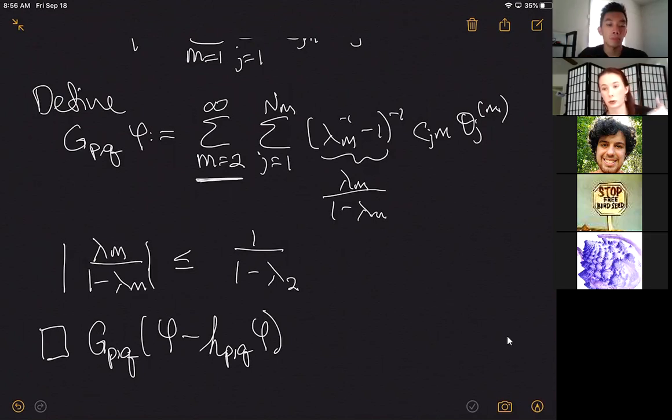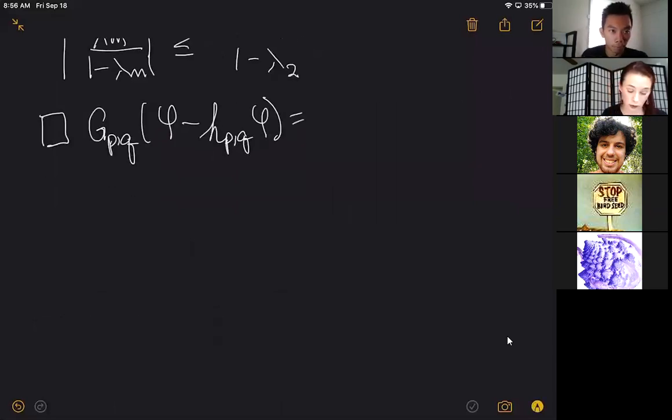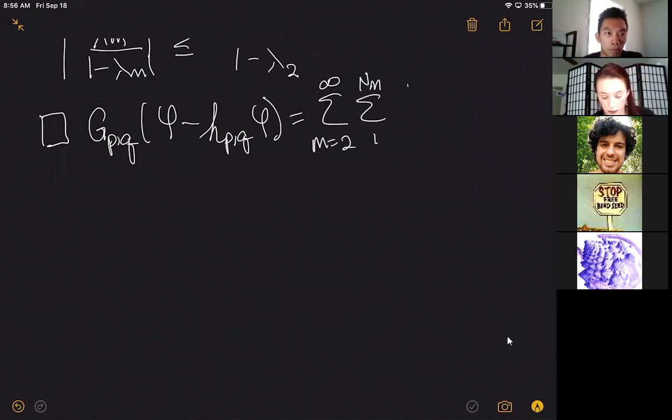So we exclude the harmonic forms. So this is equal to the sum from m equals 2 to infinity of lambda sub m over 1 minus lambda sub m, c sub j m, box theta j m.